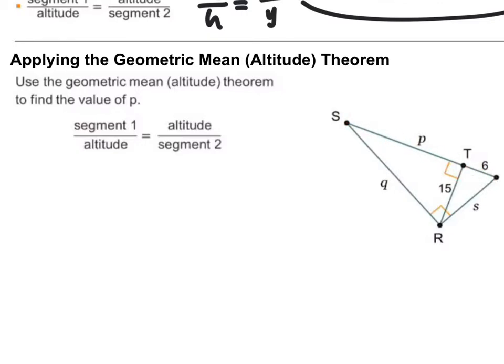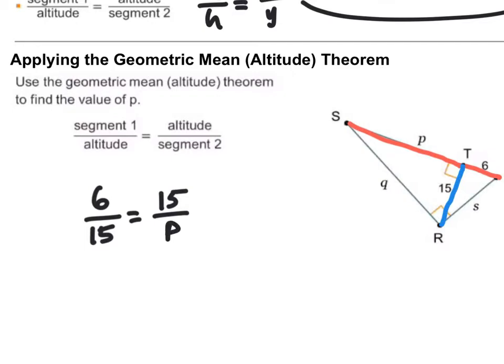So I'm going to draw in those separate lengths for that hypotenuse, and then highlight the altitude of my triangle. I'm going to take segment 1, which is 6, and divide it by the altitude, which is 15, and set that equal to the altitude, 15, divided by the other length over here, which is p.